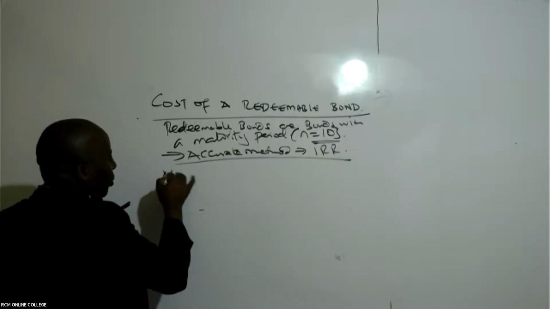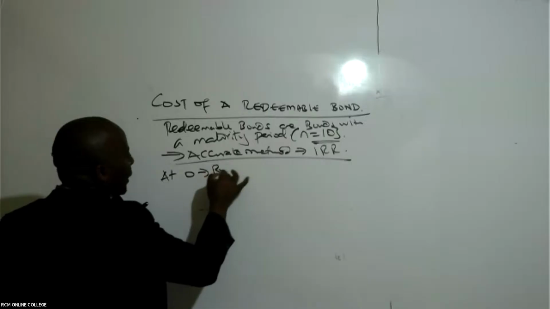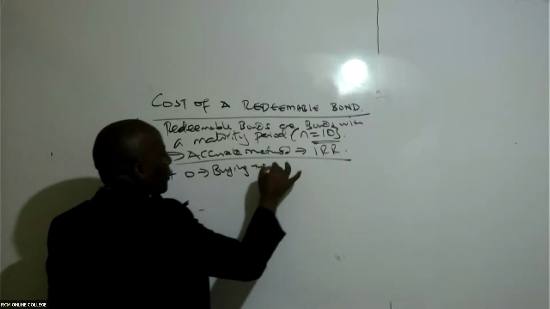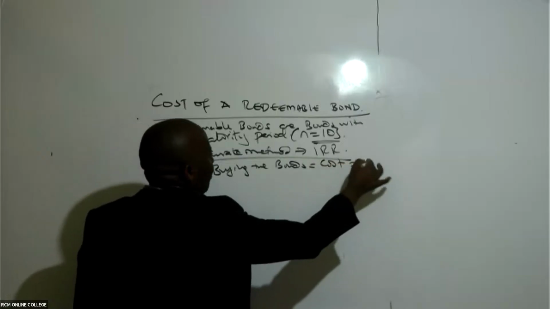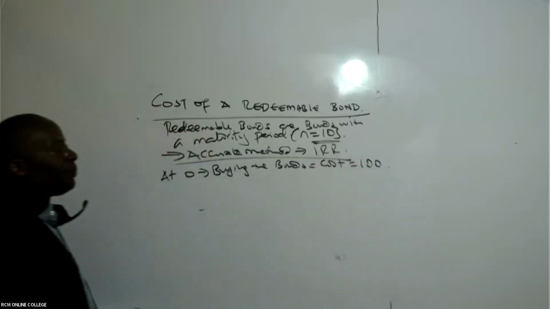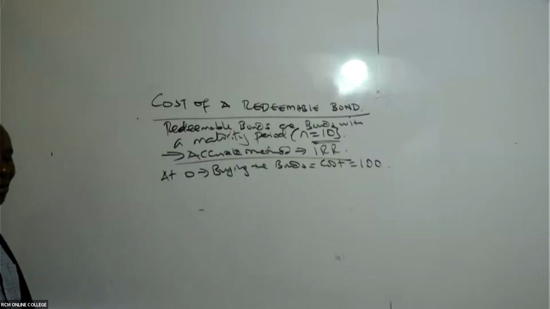So at time zero, when I'm buying the bonds, the cost will be at par 100. That's what they have told us.